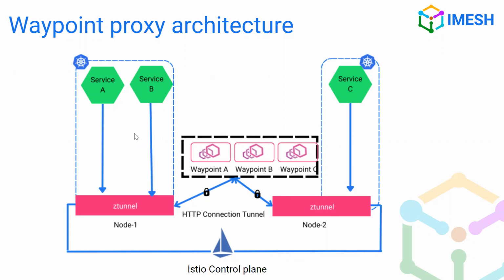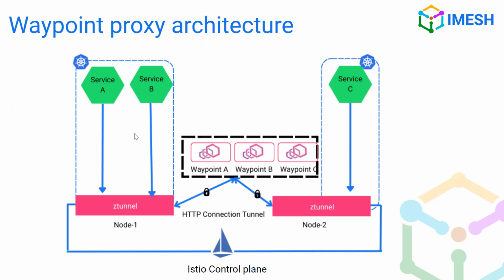Plus, as we can see, it is reducing the proxies. Initially, there was one sidecar attached to each of the services. Even if we don't need that L7 processing, we still had to put it inside each and every pod. But in this case, if we don't want L7 processing, it is not required.